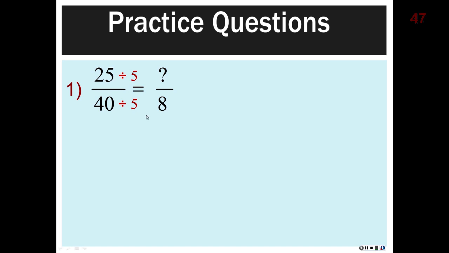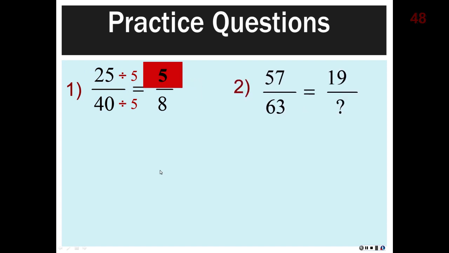What I do to the bottom, I have to do to the top. What I do to the top, I have to do to the bottom. Otherwise, they are not equivalent. You have to use the same number and do the same operation, which in this case is division. So what should the top be?